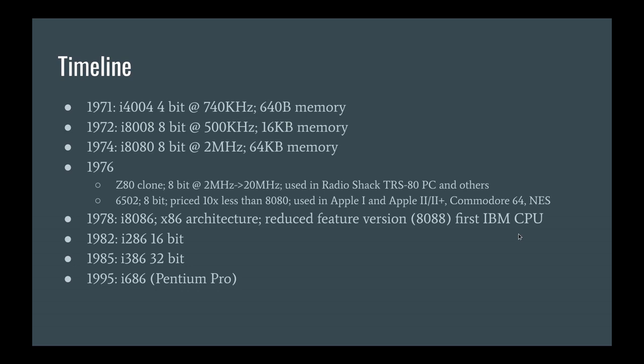The 686 was the Pentium Pro that came out in 1995. So the 386 and the 686 are the two main x86 architectures that you will find for operating systems using Intel architecture. And the 386 is still very significant because that was the first 32-bit CPU.